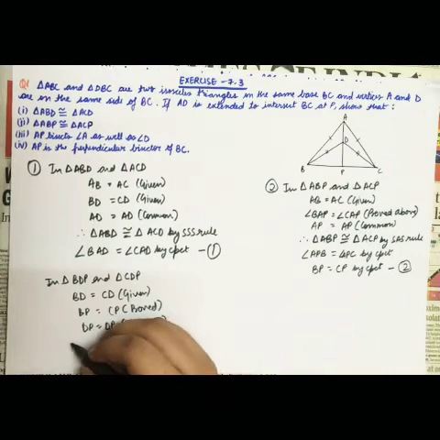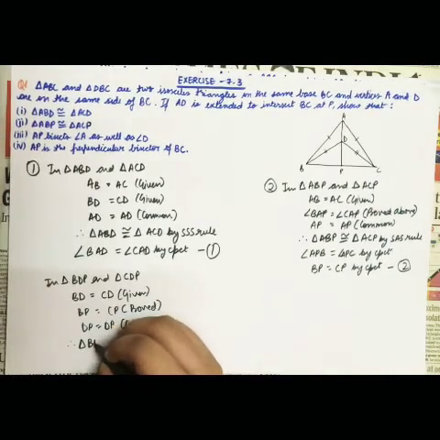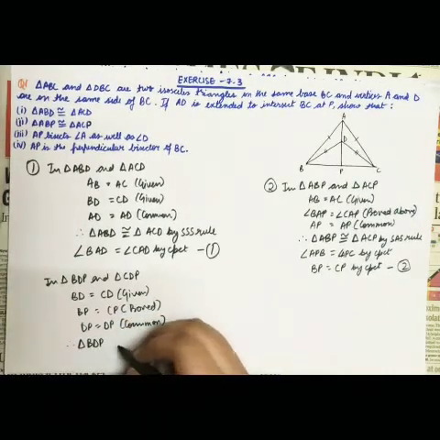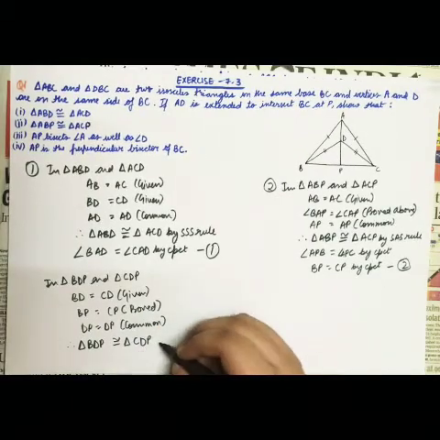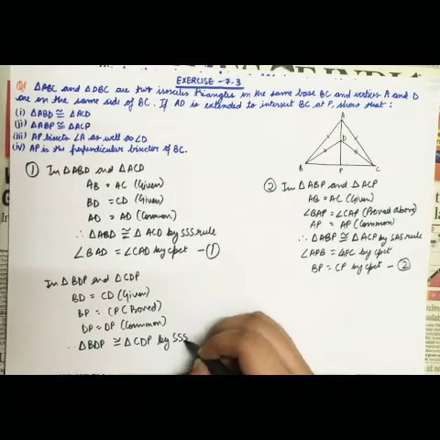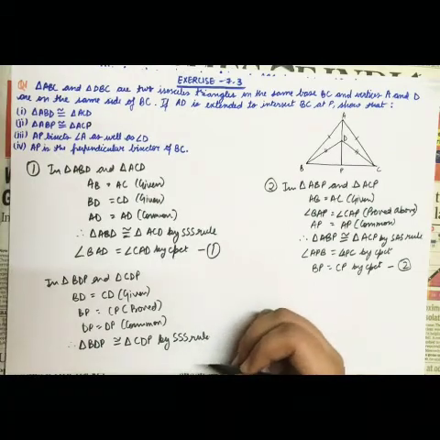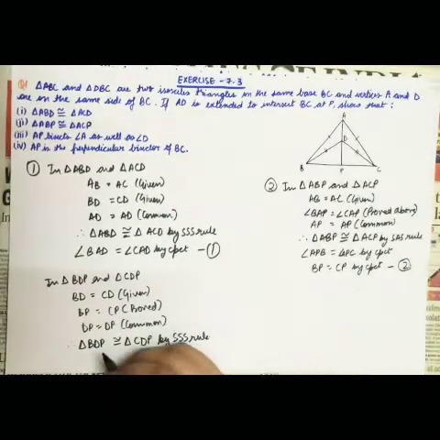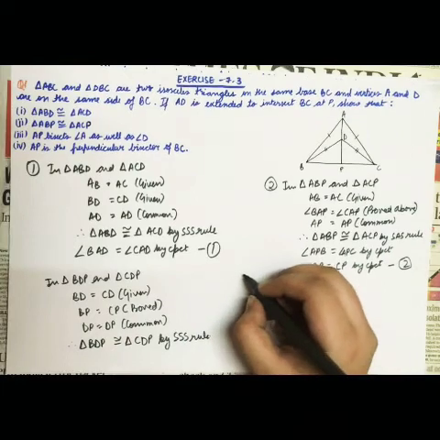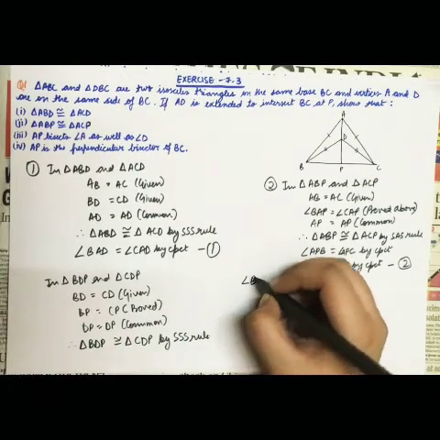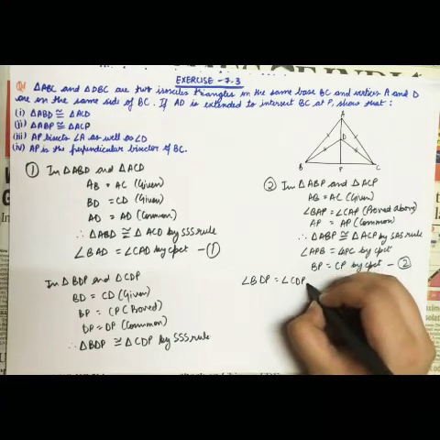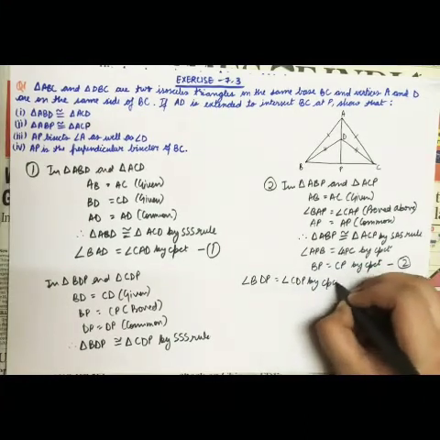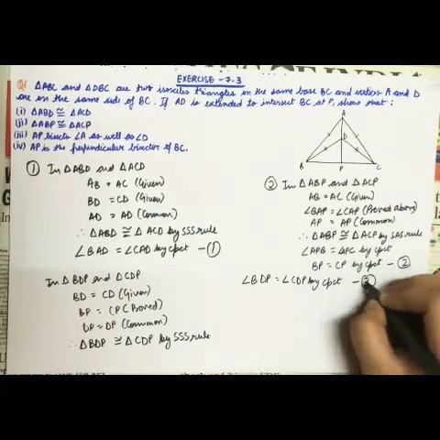So now we can say that triangle BDP is congruent to triangle CDP by SSS rule. So with this we can say that angle BDP is equal to angle CDP by CPCT. We will mark this as 3.